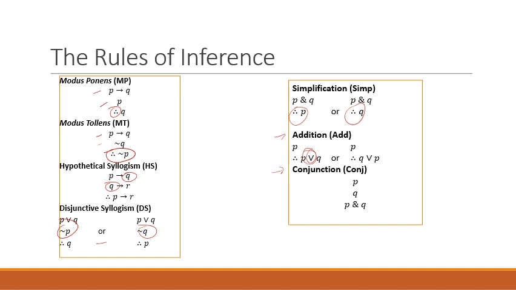But in this case, you can't just add whatever you want together. They have to be lines in your proof, right? So P and Q have to occur somewhere in the proof in order for this to work, right? To know that both P and Q, you have to have P by itself somewhere and Q by itself, and then you can put them together. All right, so those are the 7 rules, and we're going to use those 7 to do proofs.